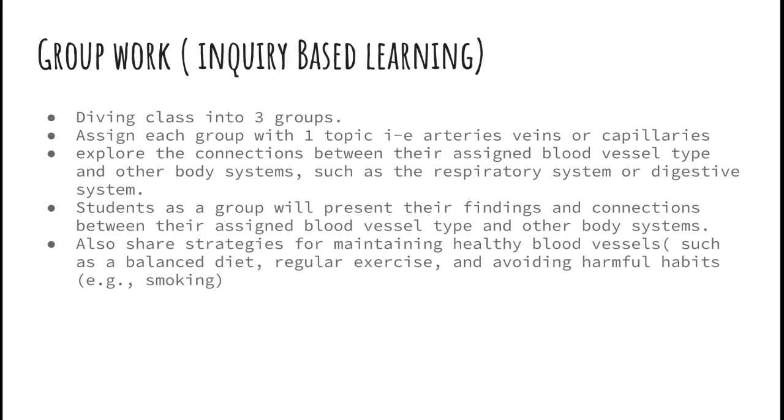You are going to present your findings on the connection between the assigned blood vessel type and the body system. Also, you are going to share some strategies for maintaining healthy blood vessels, such as a balanced diet, regular exercise, or avoiding harmful habits, for example, smoking. You have to explain how these strategies are important for maintaining healthy blood vessels.